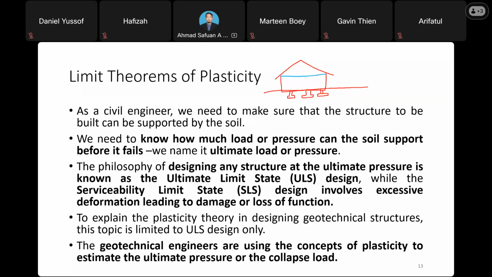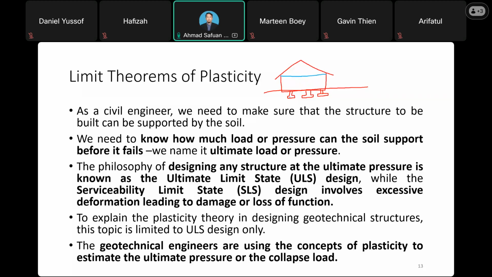If the design stress or design load has made the soil deform in very high or excessive magnitudes, so if the soil experiences excessive deformations, it can lead to damage or loss of function.